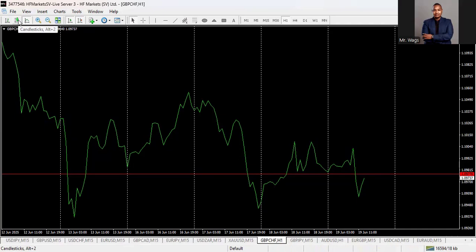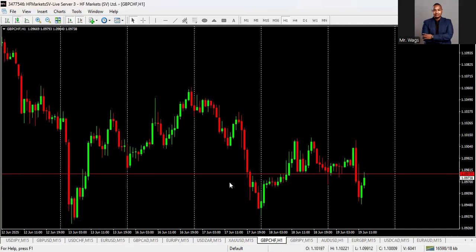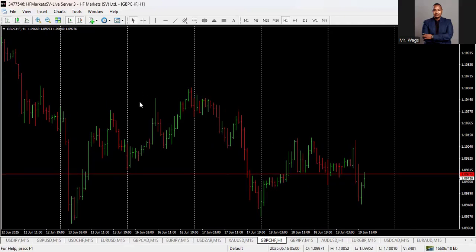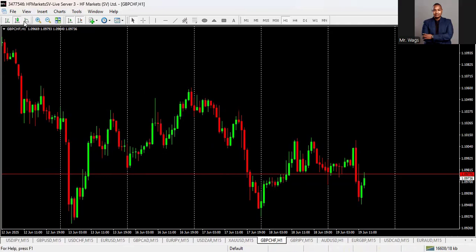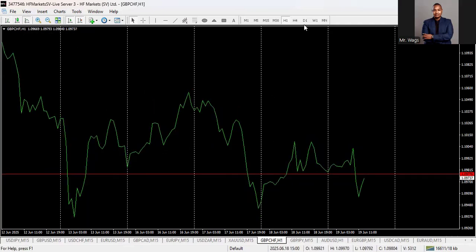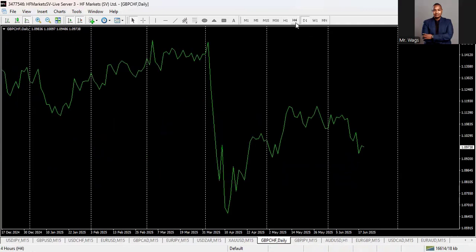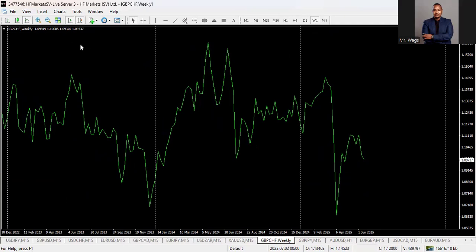We also have what we call the candlesticks chart. And we also have what we call the bar chart. So these are three different ways in which you can view this price movement in the market. So when the market is going down, it simply means Swiss franc is gaining strength against GBP.